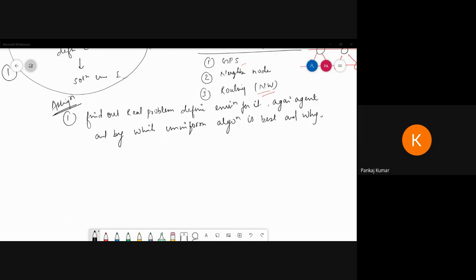Is it clear? From one side you can maintain your lab record, and from the other side you can maintain your assignment. At the end of this semester, when I ask you to submit your lab manual and your assignment, you can submit them. At that time, don't tell me that I didn't give you the assignment.